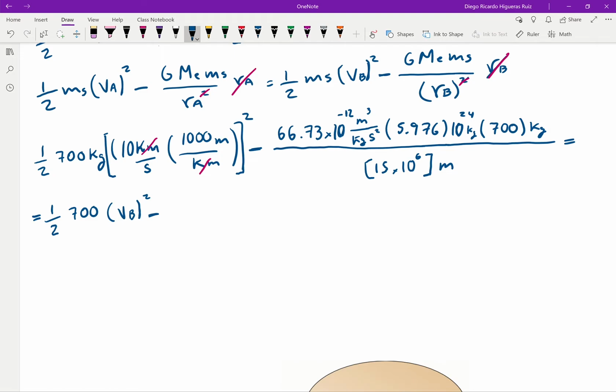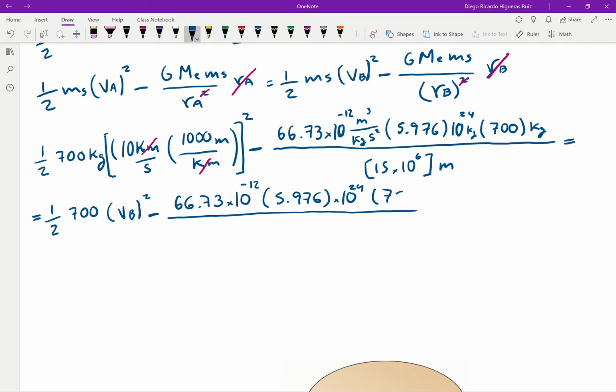So there we go, we're going to have minus the gravitational constant multiplied by 5.976 times 10 to the 24th times 700, the entire thing divided by RB. Okay, so we need to find this.